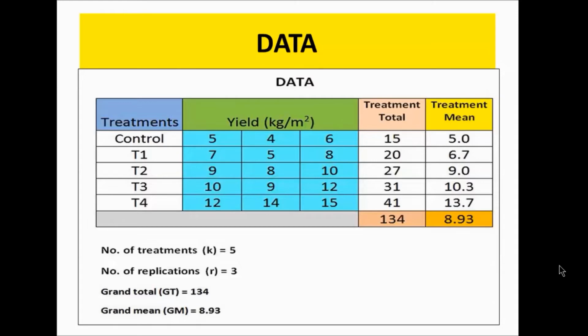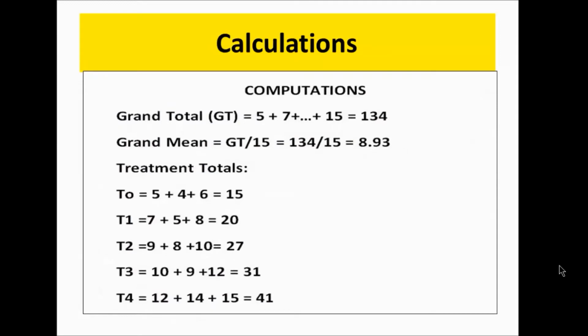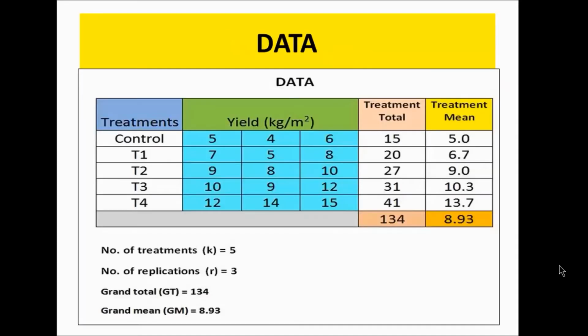Now look, we have the number of treatments 5, the number of replications is 3, the grand total is 134, and the grand mean is 8.93. Now, this is a sample computation from the table that we have seen.